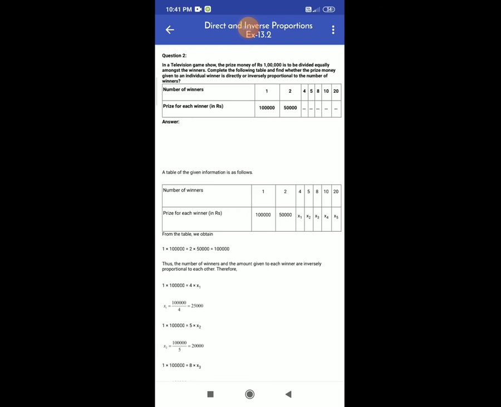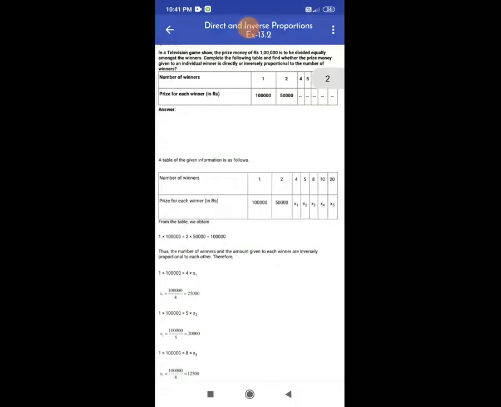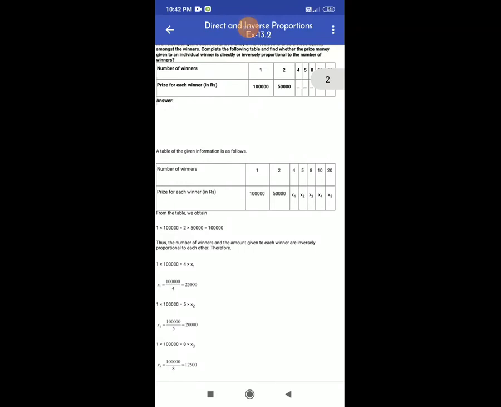A table of the given information is as follows. The number of winners is respectively 1, 2, 4, 5, 8, 10 and 20, and the prize for each winner in rupees is 1,00,000, 50,000, x1, x2, x3, x4 and x5.